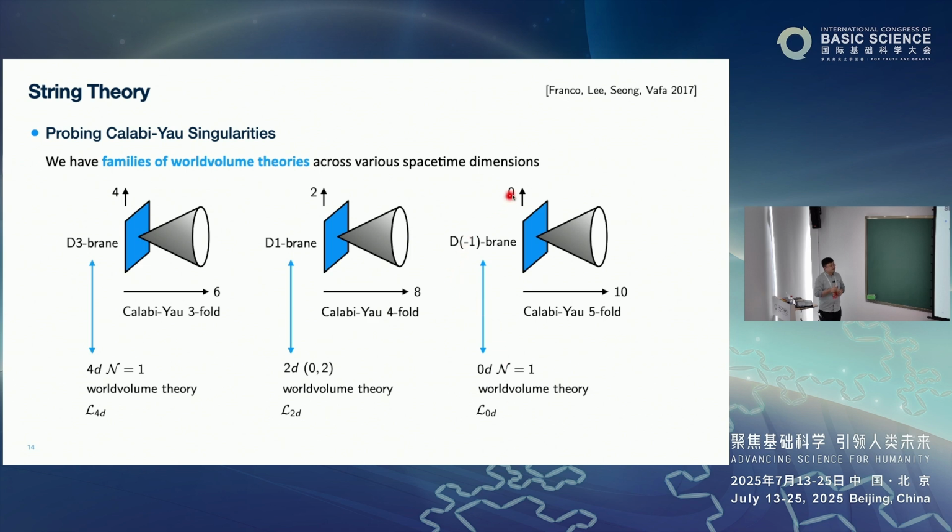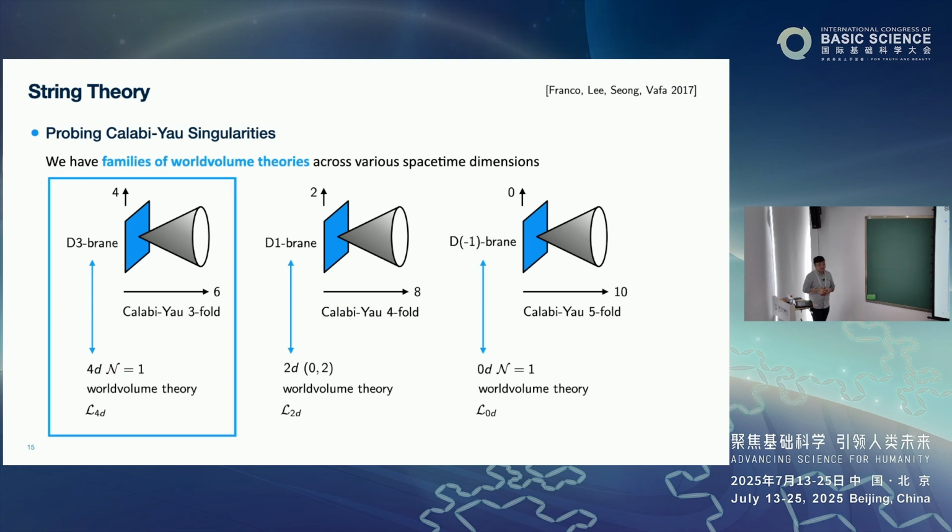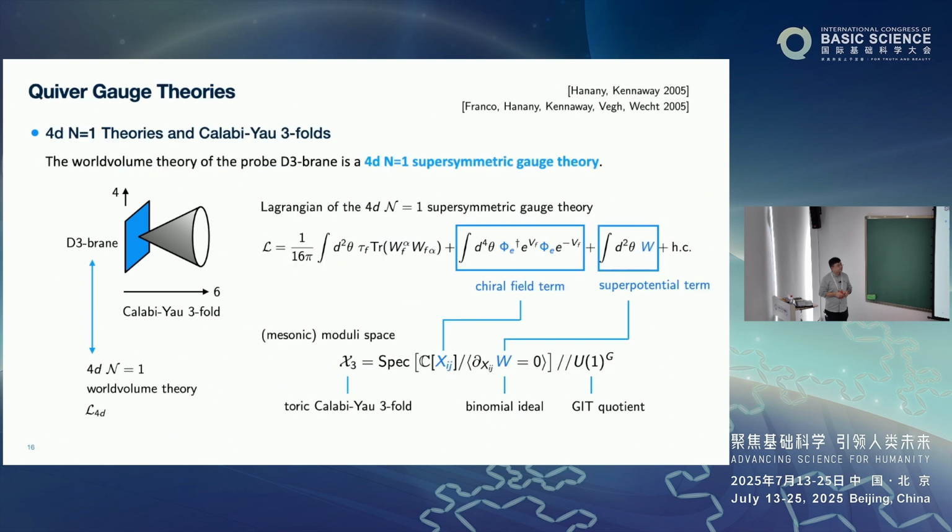This will not be the topic of my talk here, but let me tell you a little bit at the beginning of my talk about how 4D N equals 1 theories come about when I have a toric Calabi-Yau threefold, and from that, how the 2D (0,2) quiver gauge theories come about from D1 branes probing a toric Calabi-Yau fourfold.